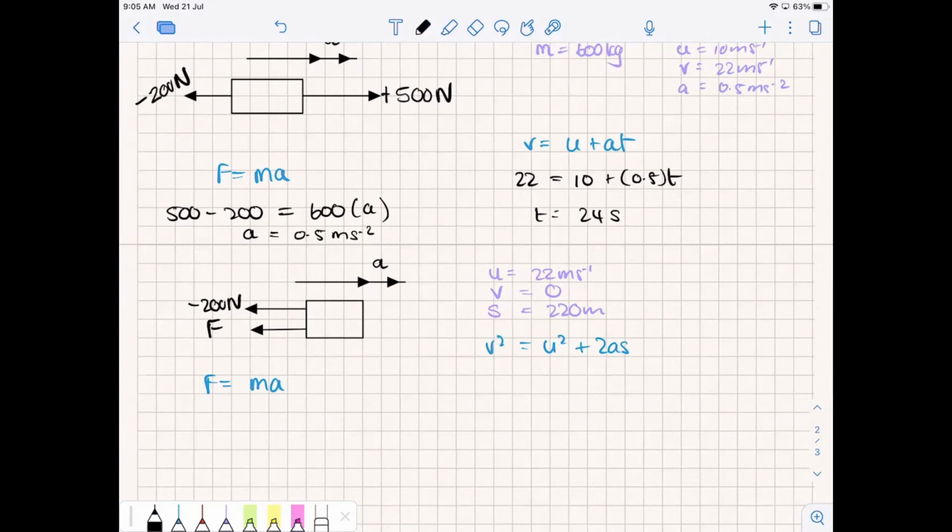Now we're just going to solve the equation. So we have 0 for the final velocity, 22 for the initial velocity squared, plus 2 times the acceleration, and the displacement is 220 meters. Again, very important, make sure that the units you're working with are compatible. If that was kilometers, you need to convert.